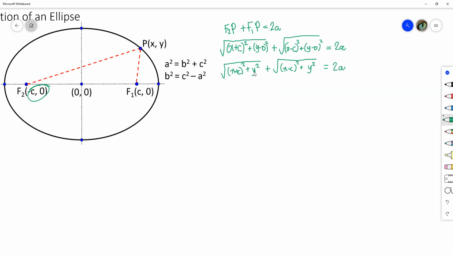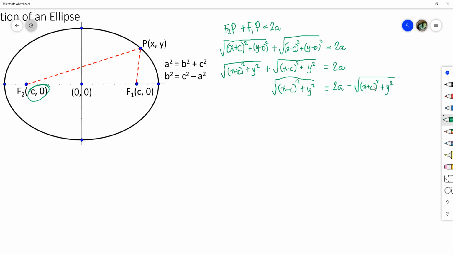Now, let's transfer this term to the other side of the equation. So we have the square root of the squared quantity x minus c plus y squared equals 2a minus the square root of the squared quantity x plus c plus y squared.